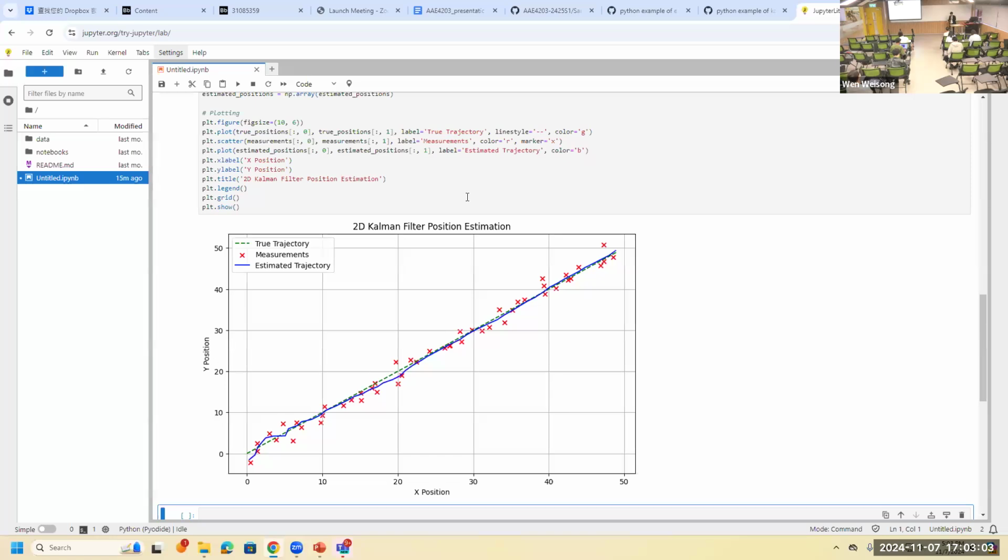Okay, so before we start with the Kalman filtering, let's define the problem we want to solve first, okay?